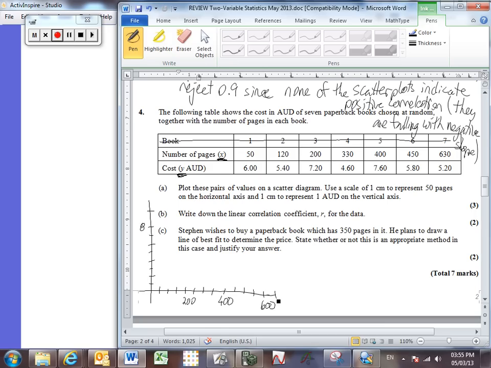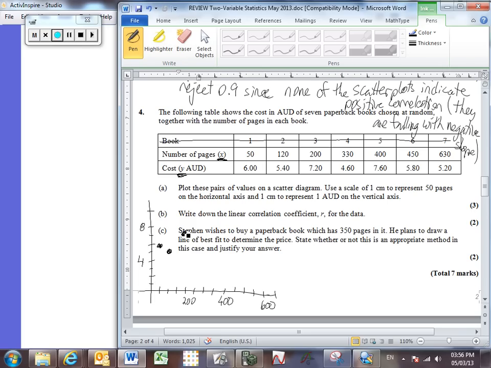So we've got 50 is 6. And then 120 pages is 5.40. About there maybe. And then 200 is 7.20.